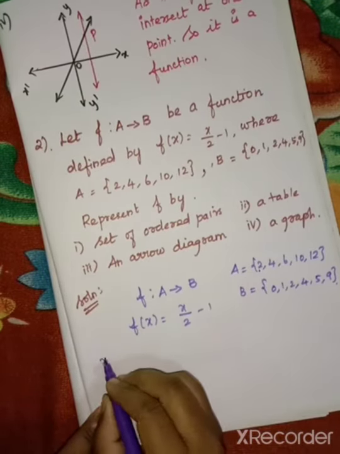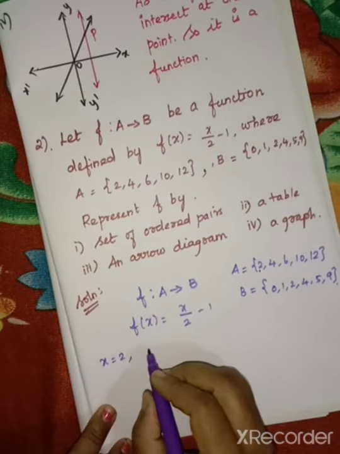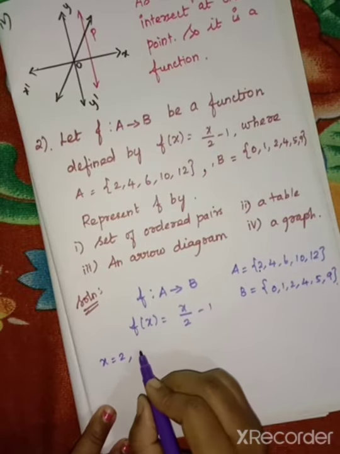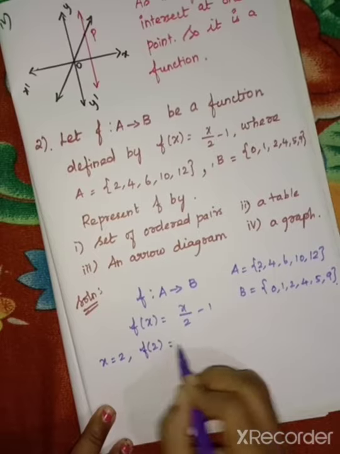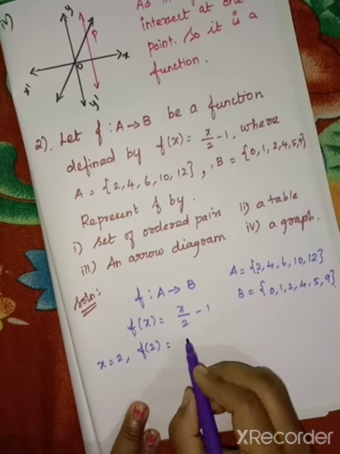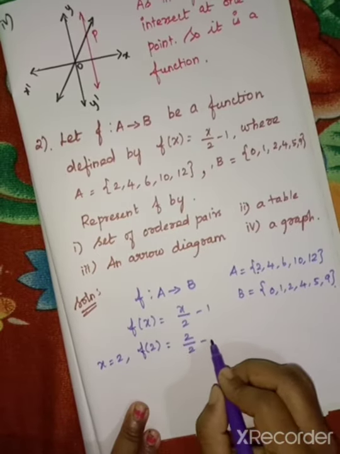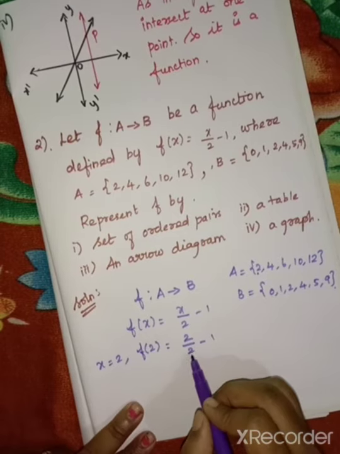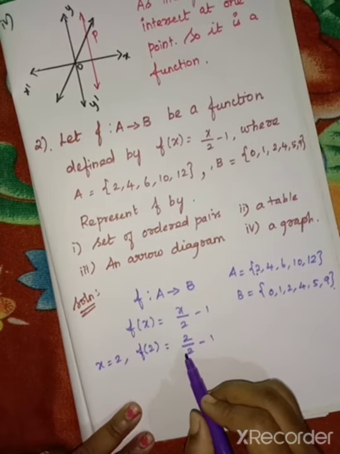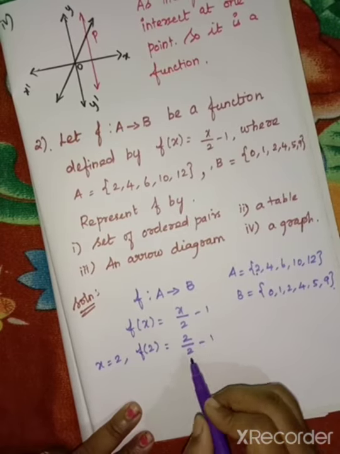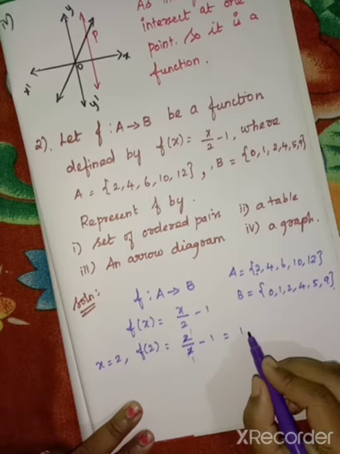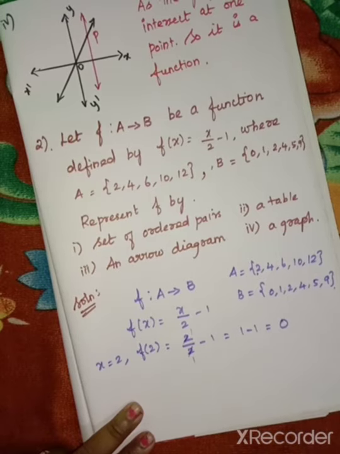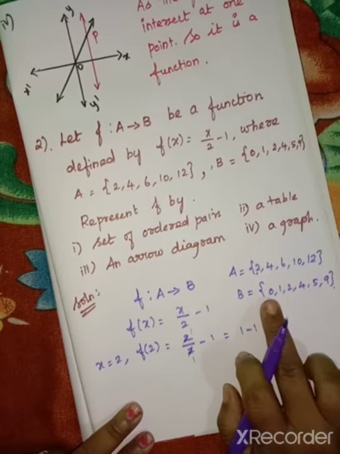So f of 2 equals 2 by 2 minus 1. First you cancel, then subtract. 1 by 1 gives 1, and 1 minus 1 equals 0. 0 is in the B set.